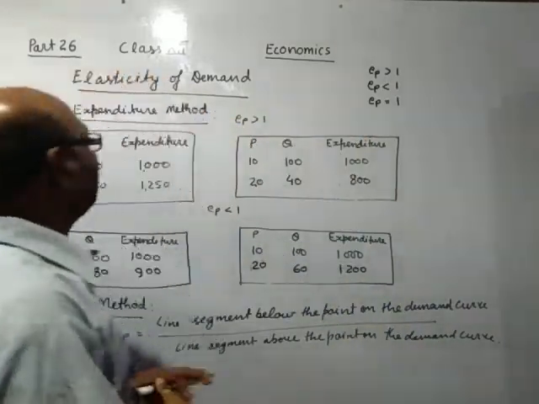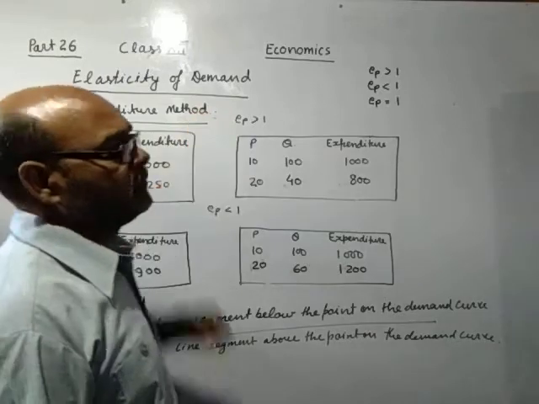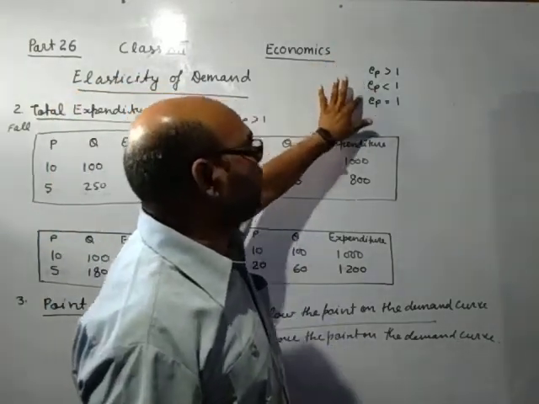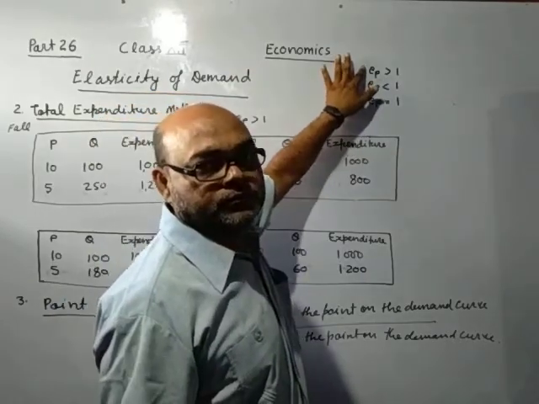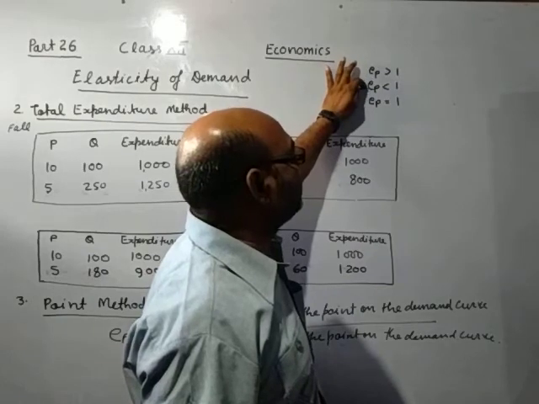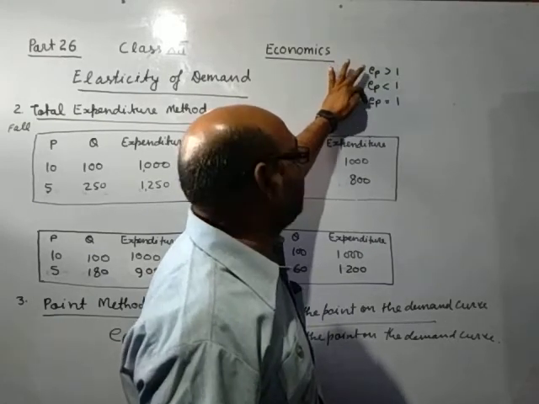So in the total expenditure method, there are only three types of elasticity: greater than 1, less than 1, and unitary elastic.